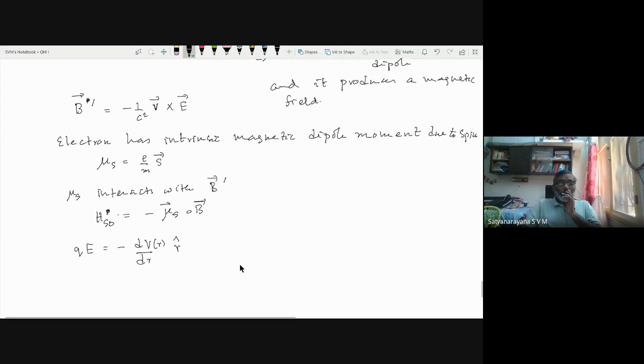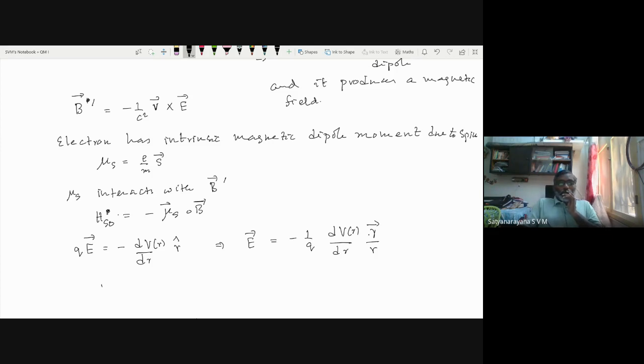Or your electric field can be written as minus 1 by q into dV by dr into r vector divided by r. That is your r cap.